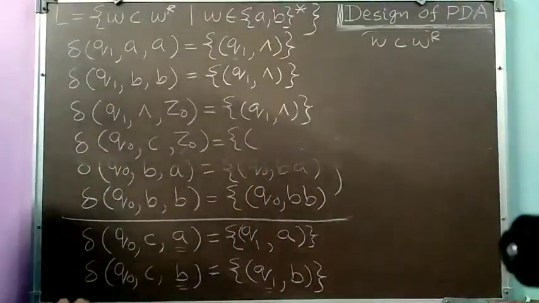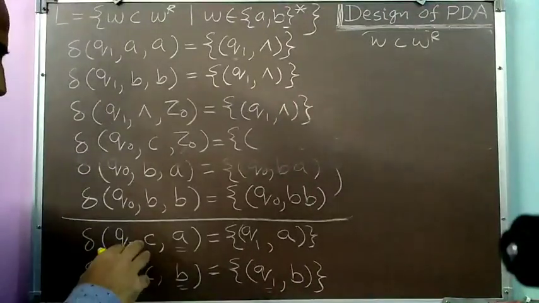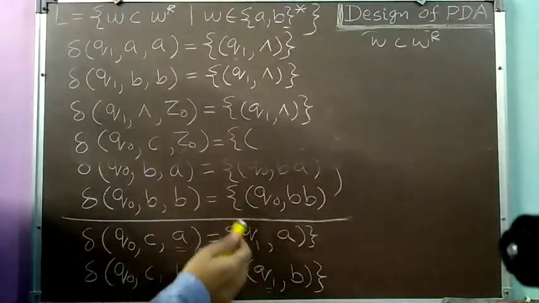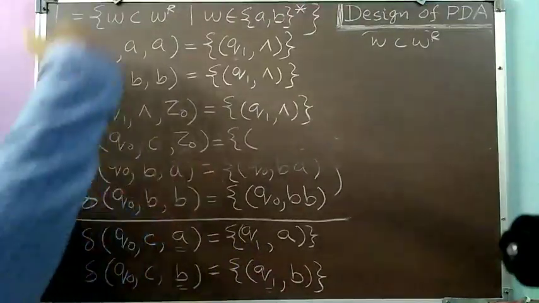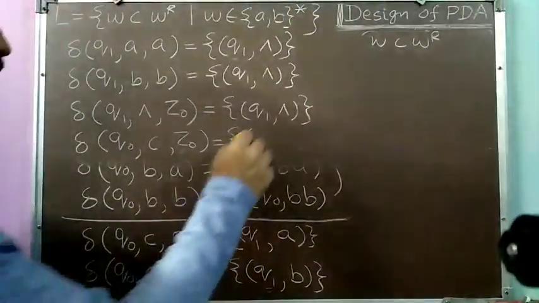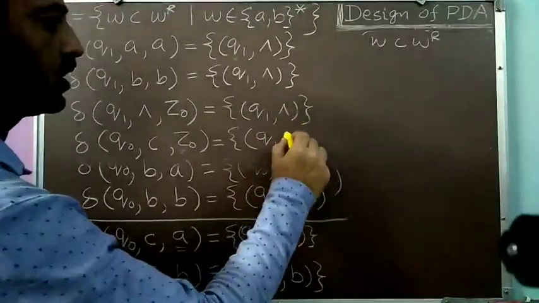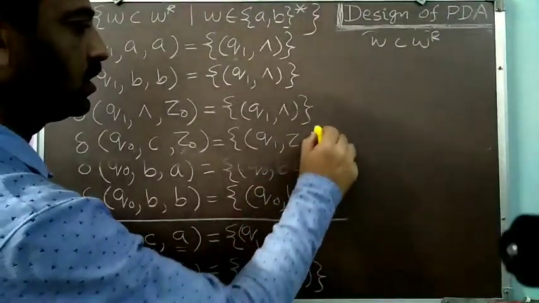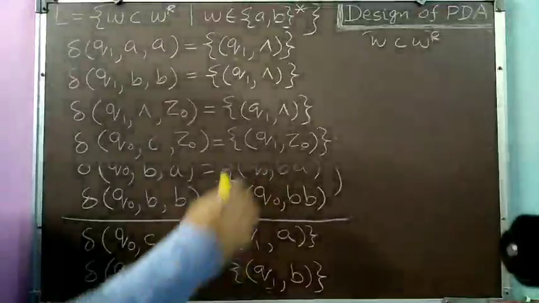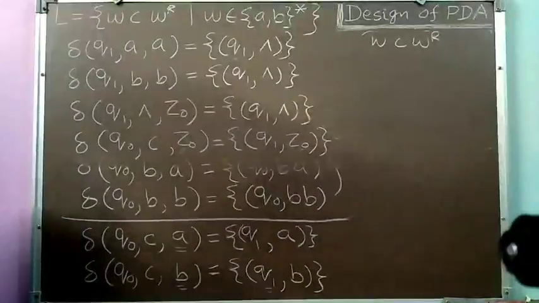This C has to be simply consumed. And after consuming C, where are we moving? We are moving to the state Q1 so that we may further match. So we will change to the state Q1 and we will maintain the status of the stack, that is Z0.